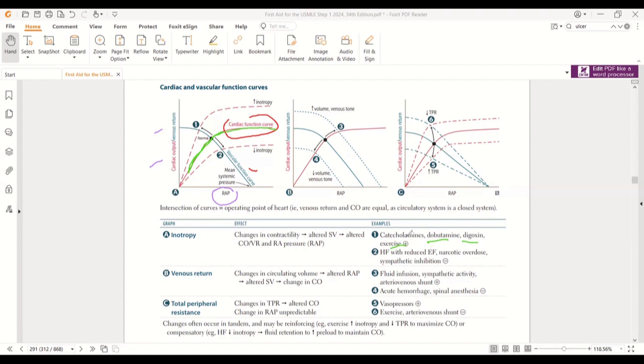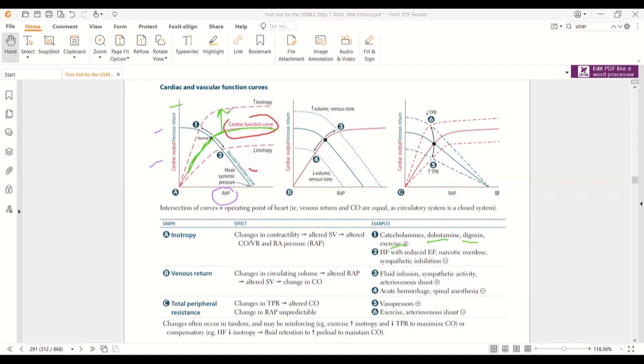So dobutamine, what does dobutamine do to the heart? Can anybody tell? Increase in contractility. So this curve is moving towards this side, right? Increase inotropy, increase contractility, increase cardiac output, increase stroke volume, right?